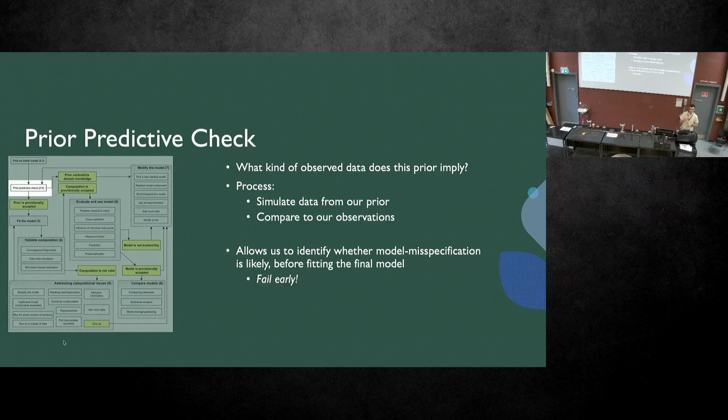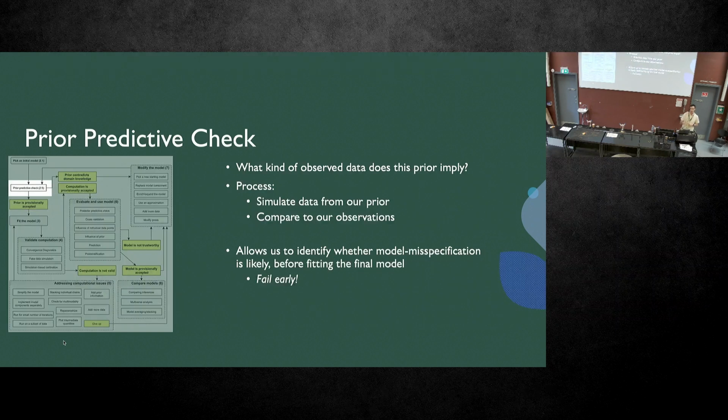So one of the things that we can do before even fitting the data is called a prior predictive check. We take our model and our prior specification, and we just simulate the data implied by our priors. This allows us to see, if our prior model was the true model, if it was representative of what we're truly modeling, what would that data look like if it came out the other end?